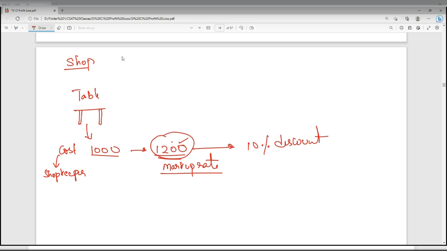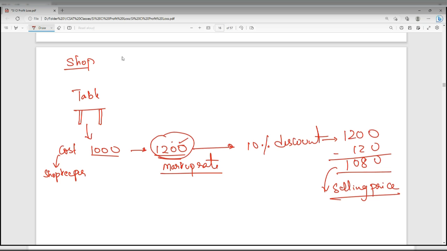So 10% of this is 120, and if he's giving 120 discount, then the final selling price would be 1,200 minus 120, and that is 1080. So this price is the final selling price.